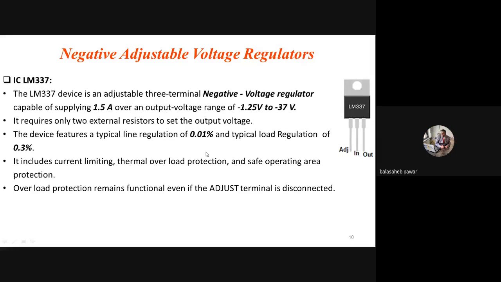Now my question is, do we really require negative DC voltage? And if yes, can you give any one example where we have to use negative DC voltage? You already studied it during your previous year syllabus.